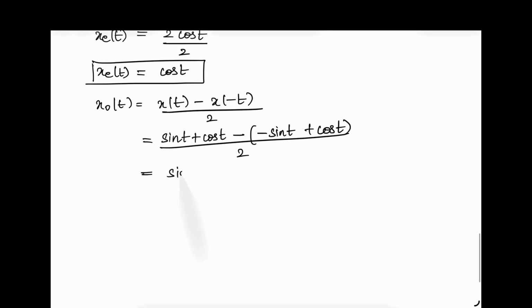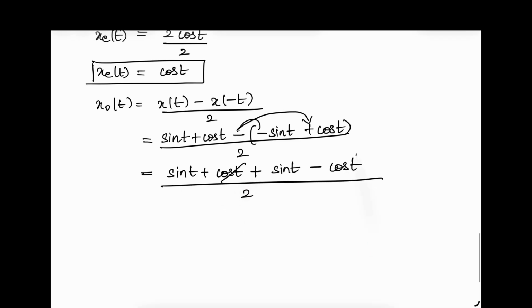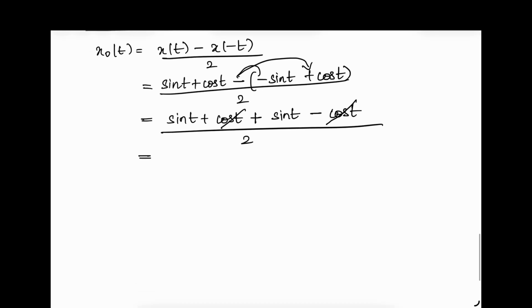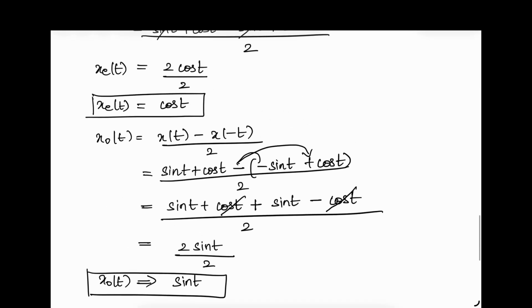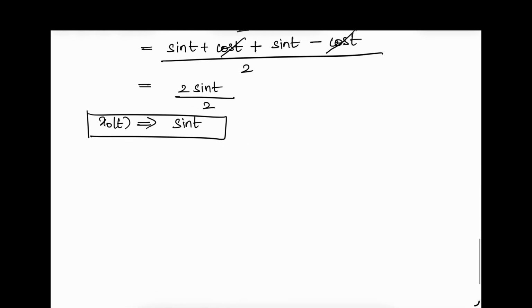So this becomes sin t plus cos t, minus into minus becomes plus. So plus sin t, and again minus into plus becomes minus cos t divided by 2. So cos and cos cancelled. So this becomes 2 into sin t divided by 2, which in turn becomes sin t. So what is x odd of t? It is sin t. So x even of t is cos t. So finally x even of t is equal to cos t and x odd of t is equal to sin t.